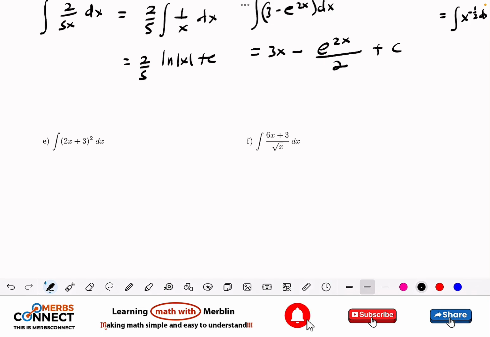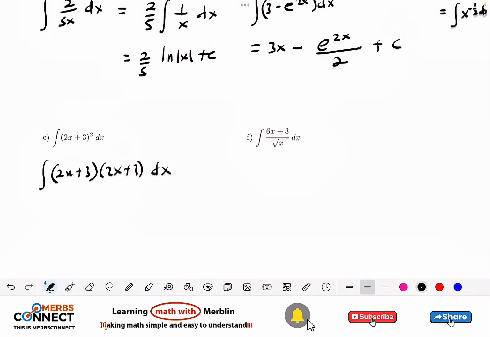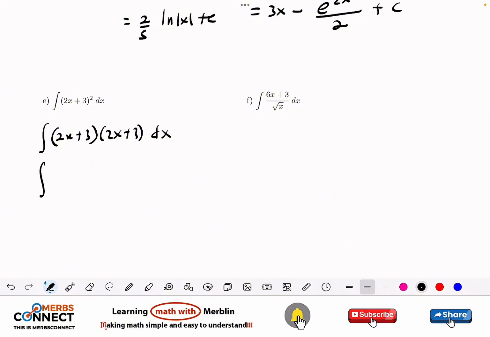Let's look at E. So E is like 2x plus 3, 2x plus 3. Some of you can use integration by substitution, which is okay. But if you don't know how to use integration by substitution, then for me, the best way to do it is, since this one is squared, write it as this and that, and then expand.